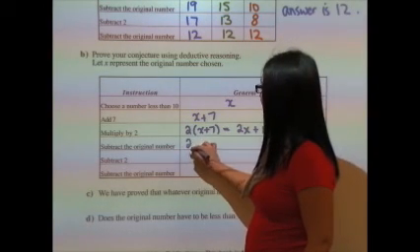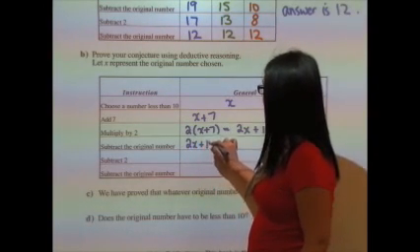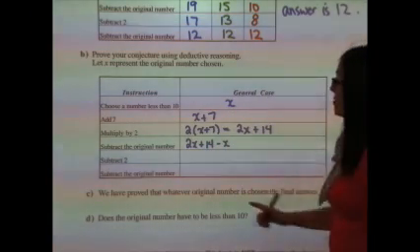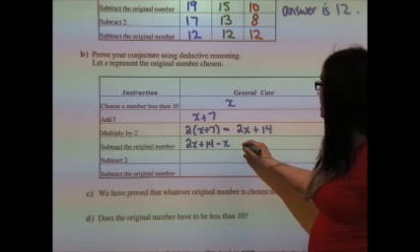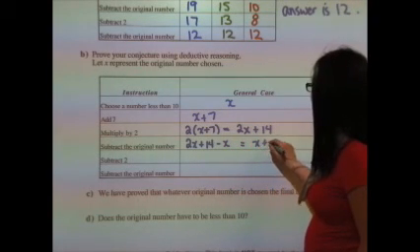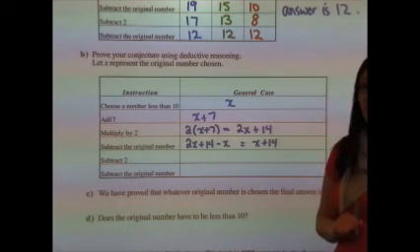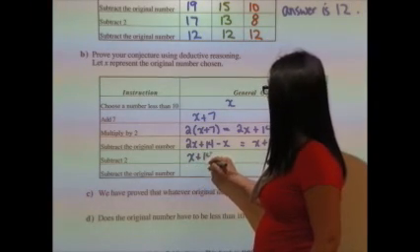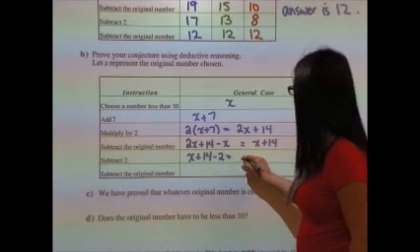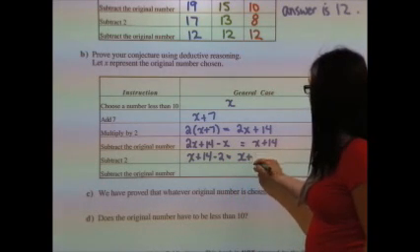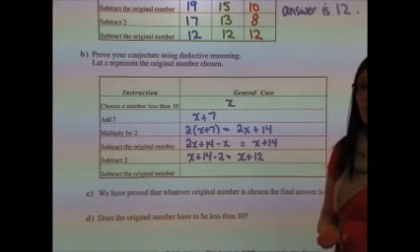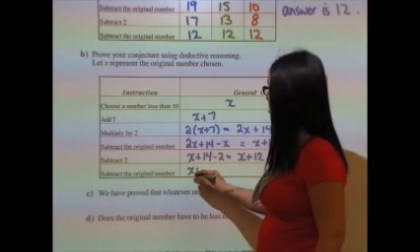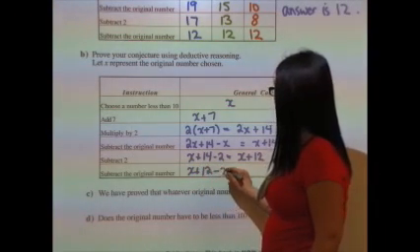Then I'm told to subtract the original number, which was x. So 2x minus x gives me x plus 14. Now I subtract 2. So 14 minus 2 gives me 12, and I get x plus 12. And then the last step was to subtract the original number, which was x.